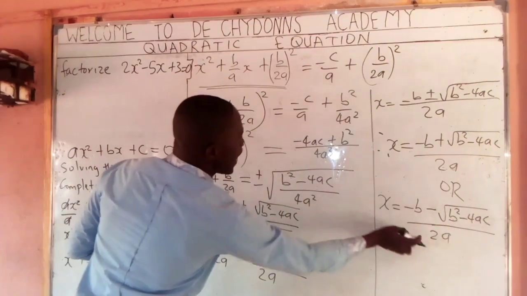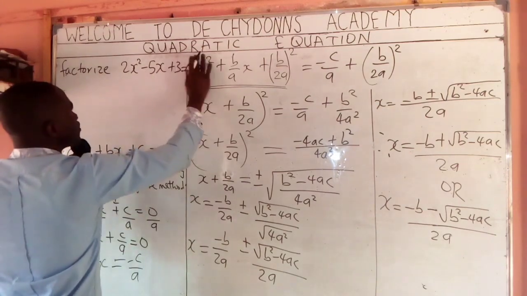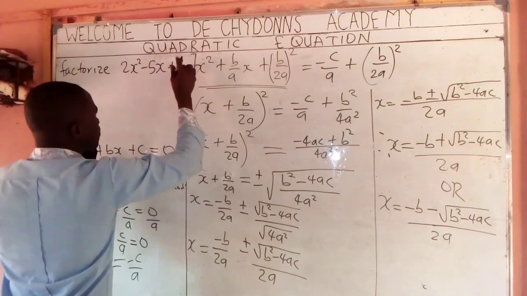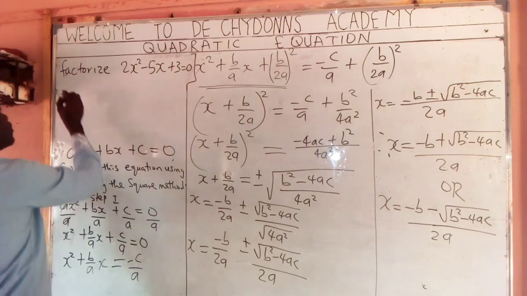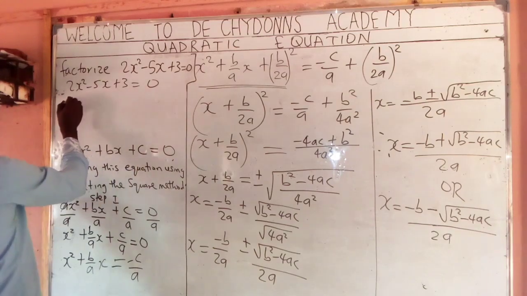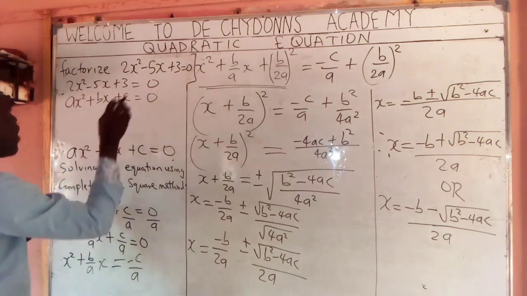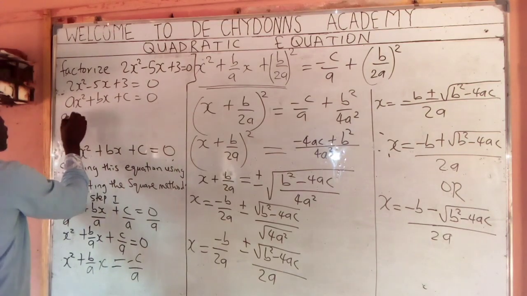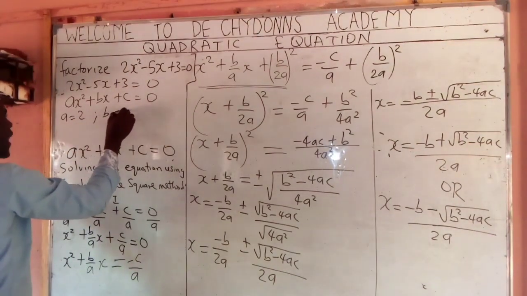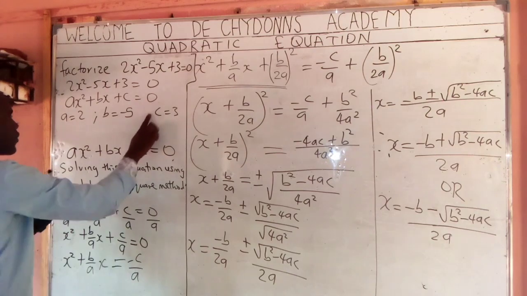Because you have this formula, just write the whole equation, 2x squared minus 5x plus 3 equals 0. Compare it with the general form of a quadratic equation. While comparing, you have that a equals 2, b equals minus 5, c equals 3. Okay?